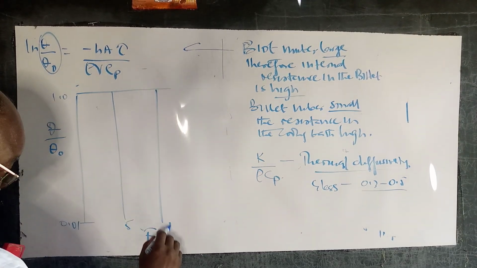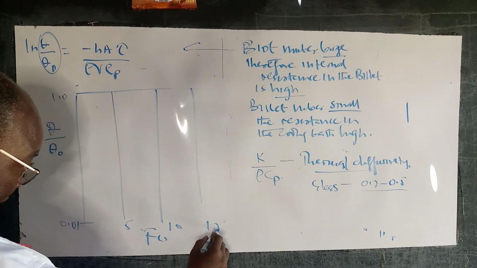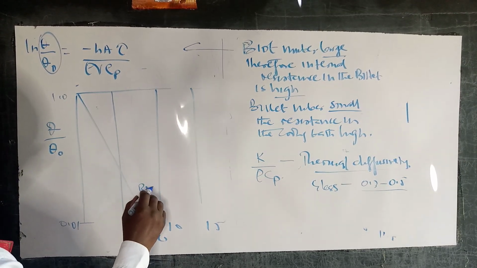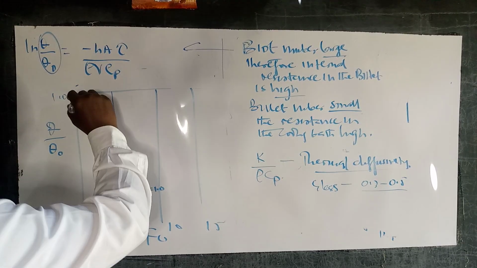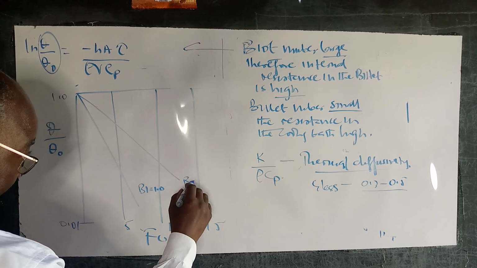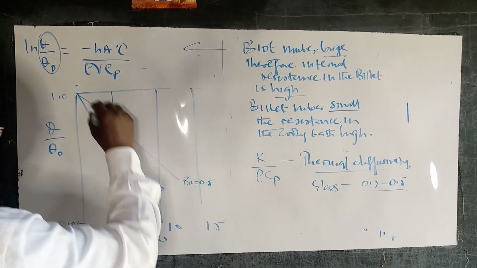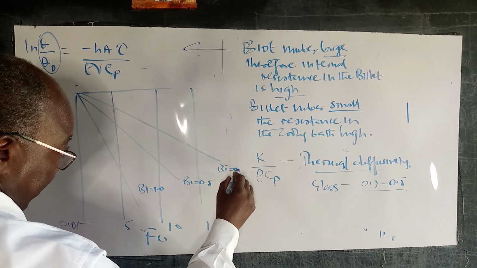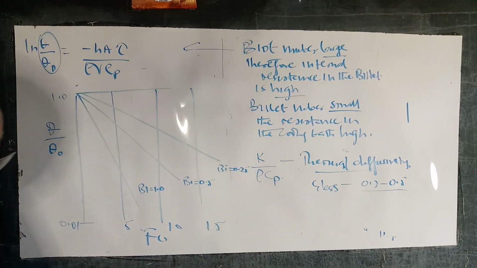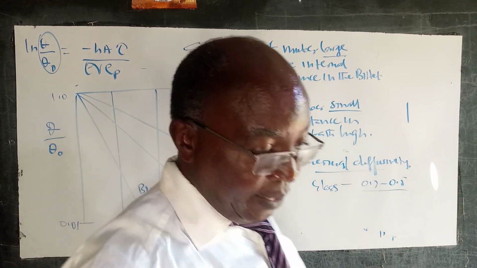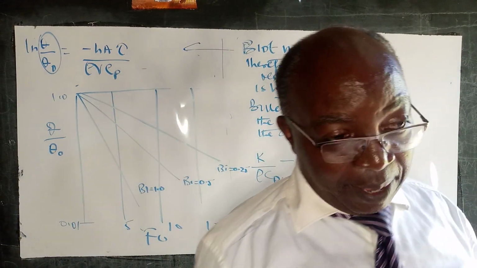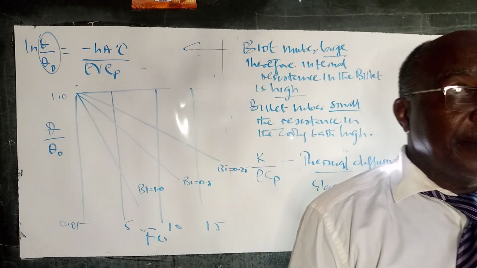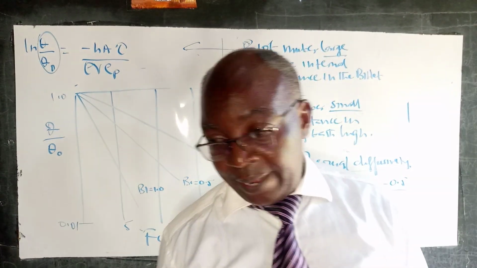It's just a sketch to give you a feel of what we are talking about. When the Biot number is 1.0, we'll get probably that. When the Biot number is 0.5, we'll get that. When the Biot number is 0.25, we'll get this. And the Biot number and Fourier number are very important quantities, and we are still going to meet them as we continue with our lectures.